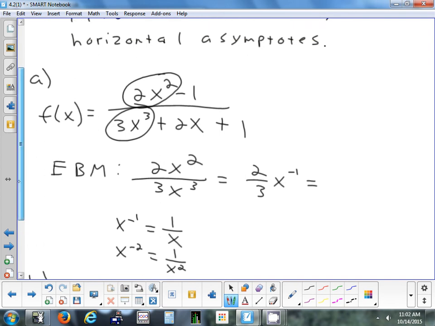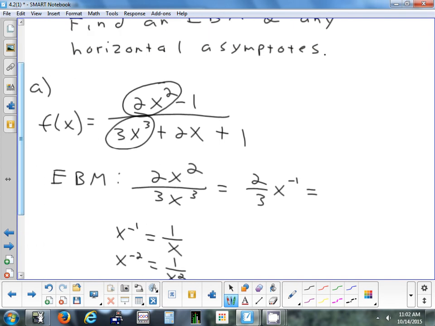So in this case, you can write it as 2 over 3x. Anytime you have a negative exponent, just put it in the bottom. That's your end behavior model. Any question on that?